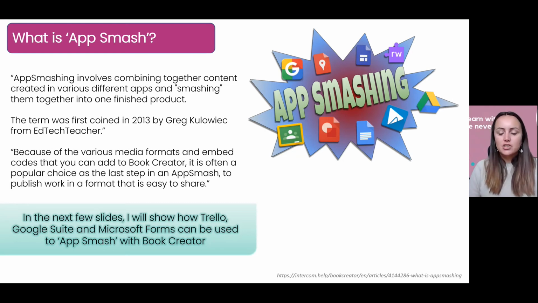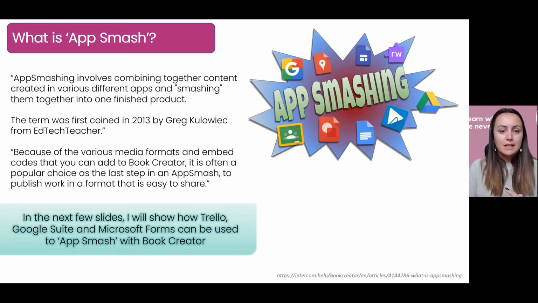Now, because of the nature of the way that Book Creator is set up, it is an easy way to present information. You probably find that Book Creator is the last step in an app smash, as you can see just here. So maybe you've created something in Trello, maybe you've created something in Microsoft Sway or Google Forms, or all these different things that are available to you, particularly on Hub if you are a primary teacher in Wales.